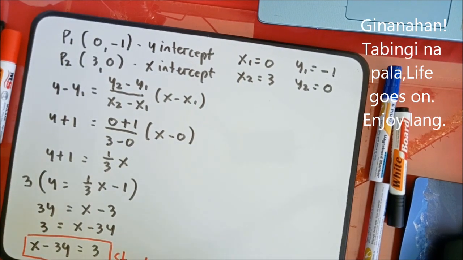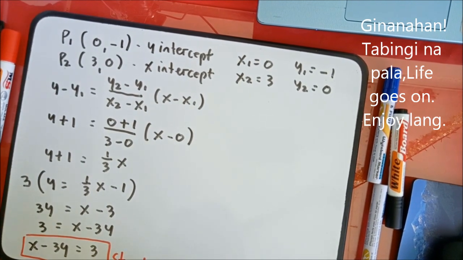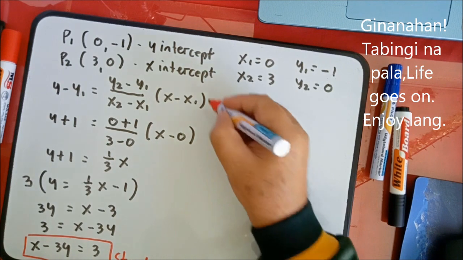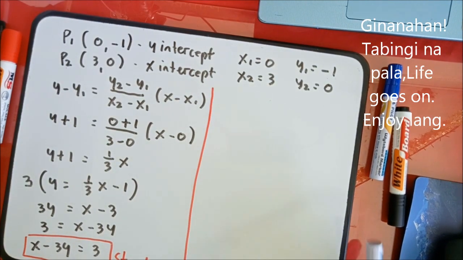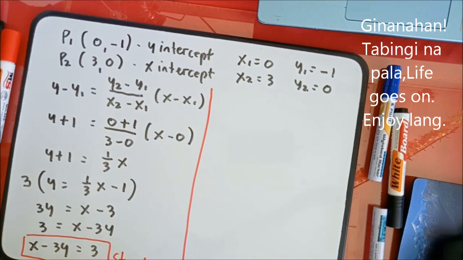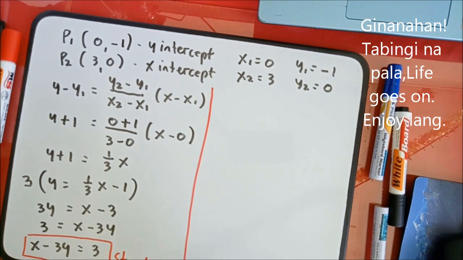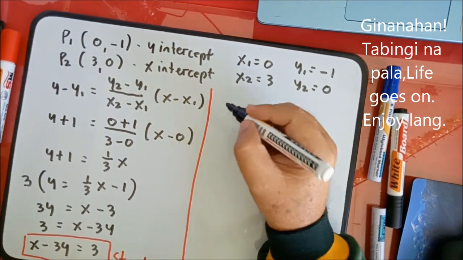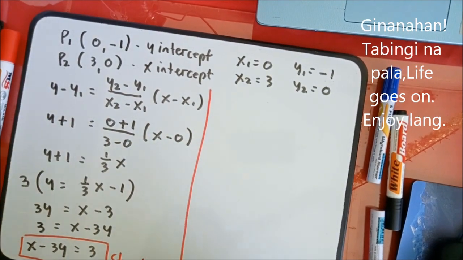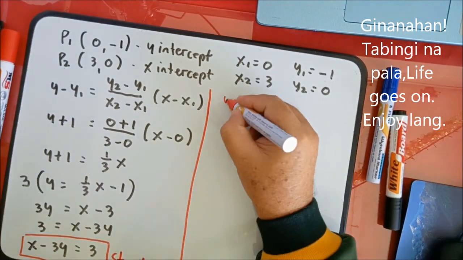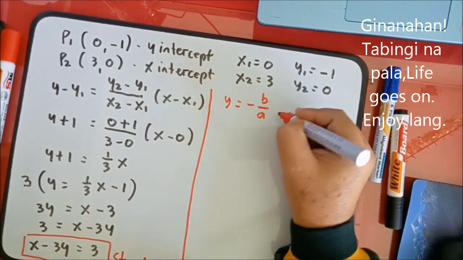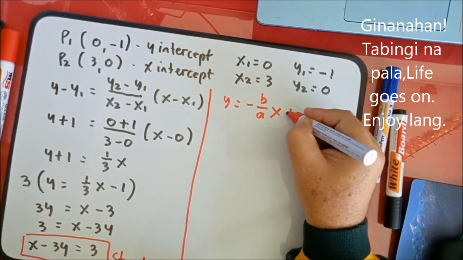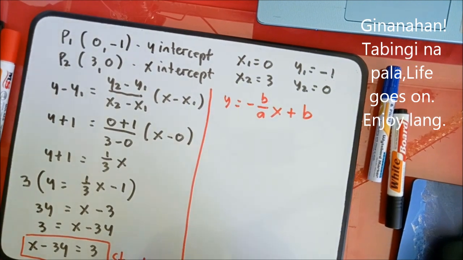Halimbawa, gamitan natin ng shortcut. Okay, meron tayong shortcut. Ang formula ng shortcut natin ay ganito. Y is equals to negative b over a x plus b. Okay.